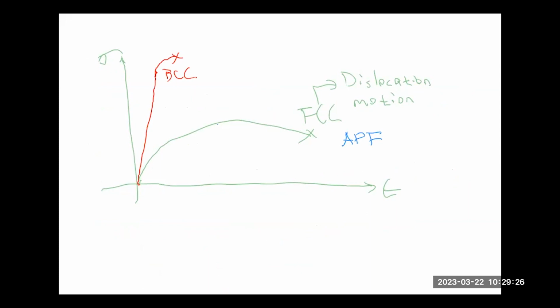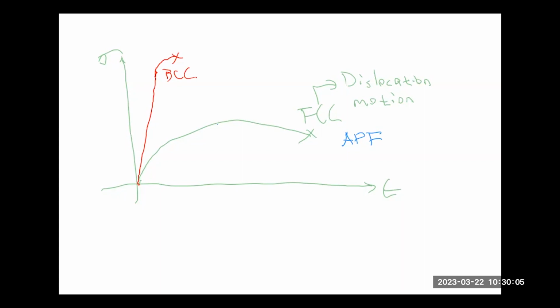Actually, it's good because the distance between atoms and the atomic packing factor create the lattice resistance. And the lattice resistance is due to the necessity to make and break the bonds at the core of the dislocation every time it moves an atomic distance.